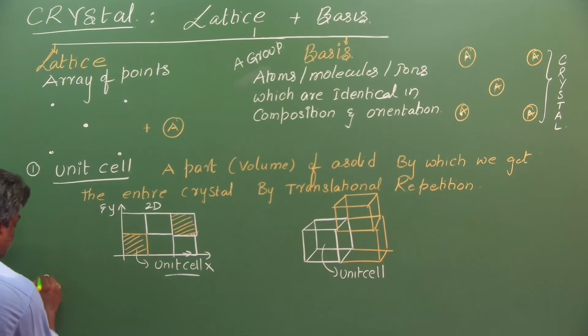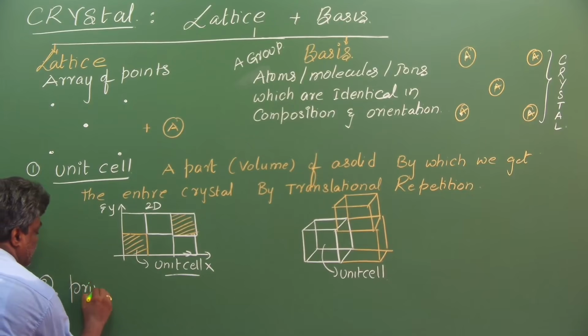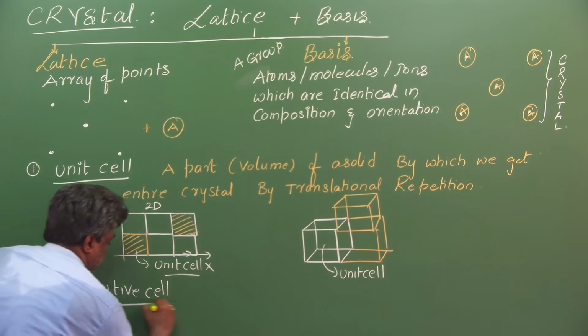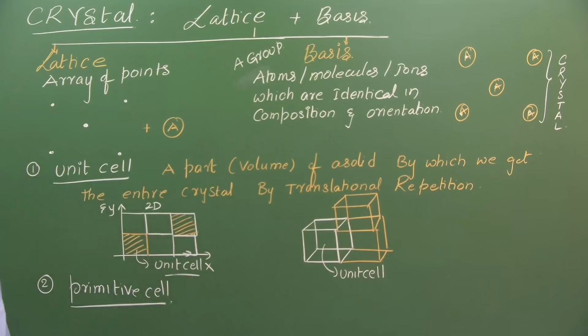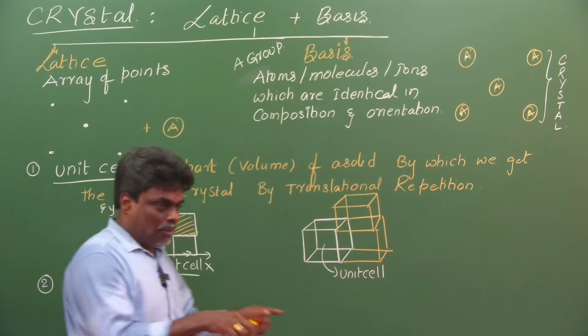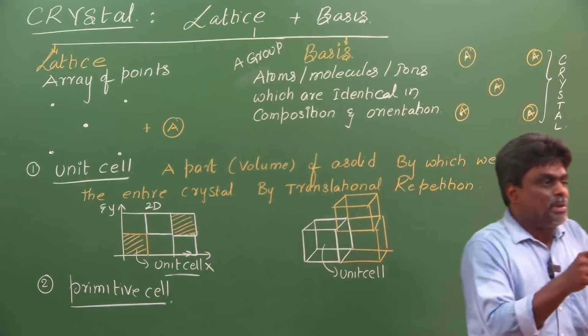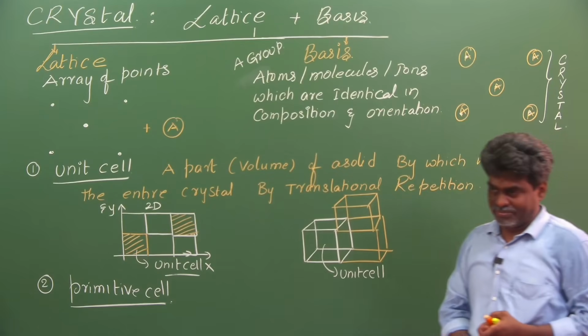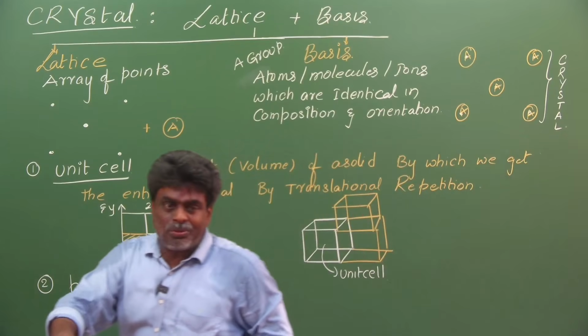Next, second one, primitive cell. So what is meant by primitive cell? You understand unit cell. It's simply a part of the solid; by translationally repeating, we are getting the entire solid. Then what about the primitive cell?